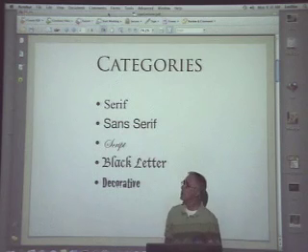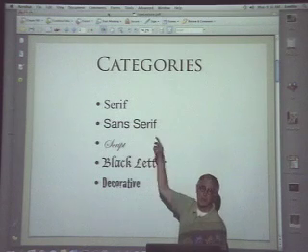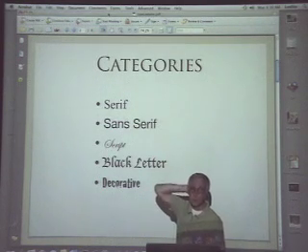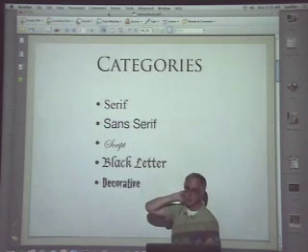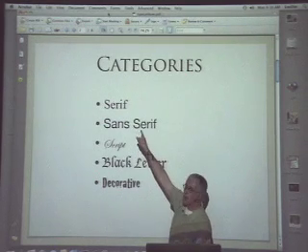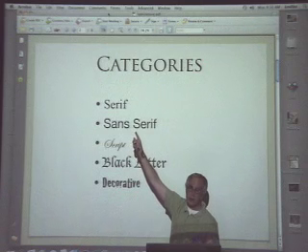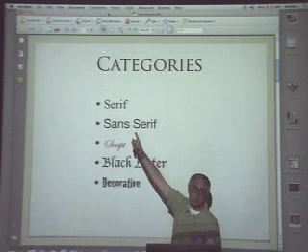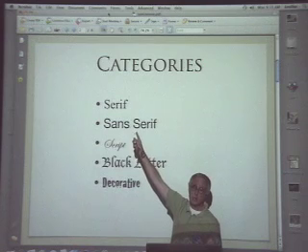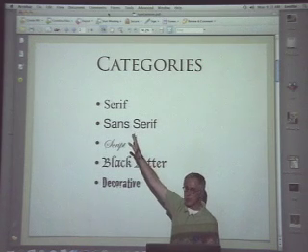Those are serifs. And they do have a function. They actually enhance readability, legibility. So oftentimes when you're using type for body copy, you're going to want to use serif typeface. It really enhances and helps the readability.